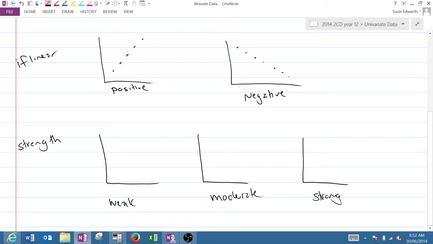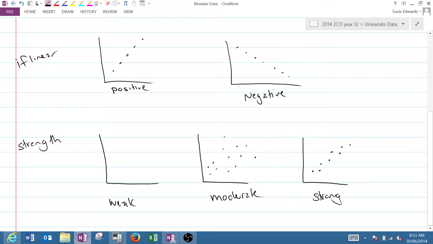A strong linear relationship might look something like this. You can definitely see that it's going in a straight line. They're pretty close together. A moderate linear relationship is a bit more spread out, but you can still see that they're heading in a particular direction. You can still see that those points are heading in a positive linear direction.